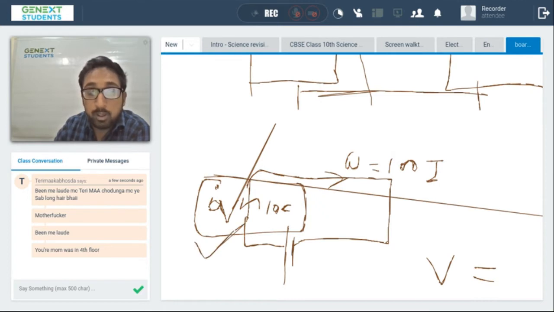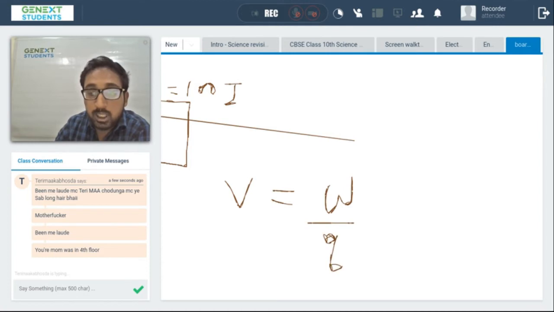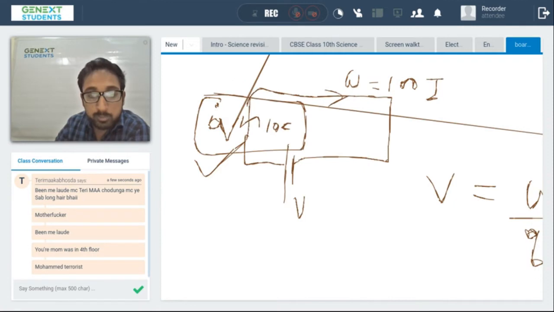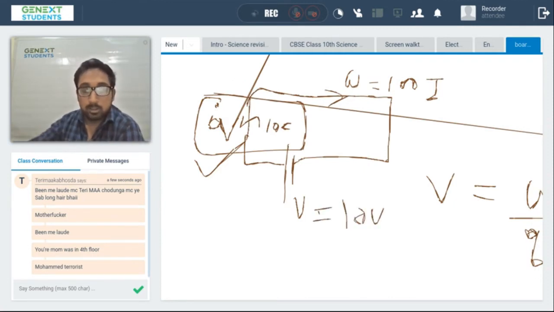It will be work done per unit charge, which is 100 by 10, that will be 10 volt. So the voltage of this battery will be 10 volt, right? Okay.